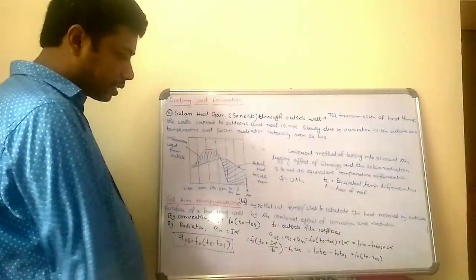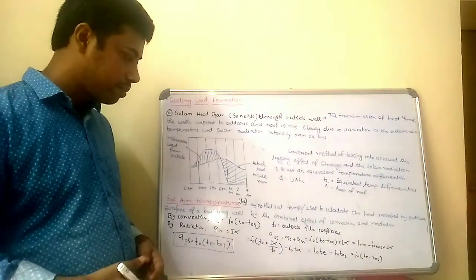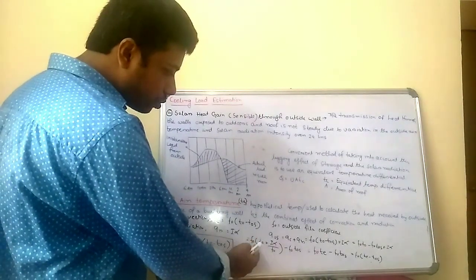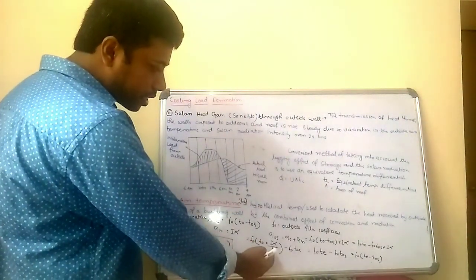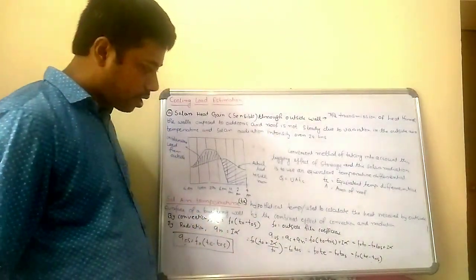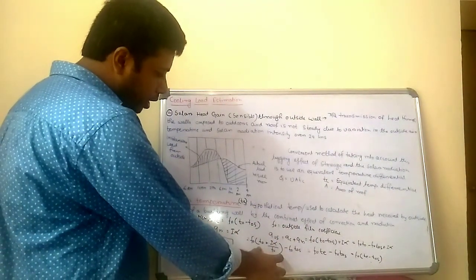Now if you simplify these equations, you get H0 into (T0 plus I alpha divided by H0 minus T0S). This term is basically your sol-air temperature.